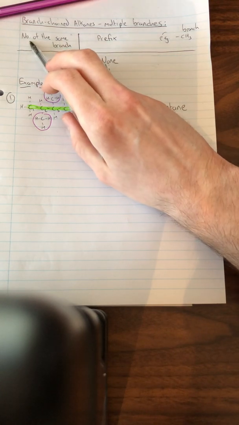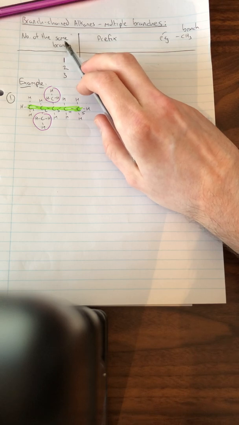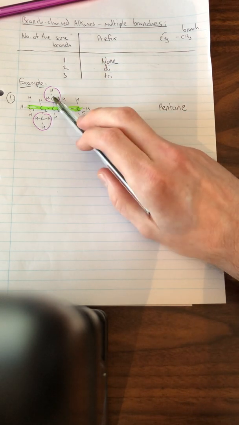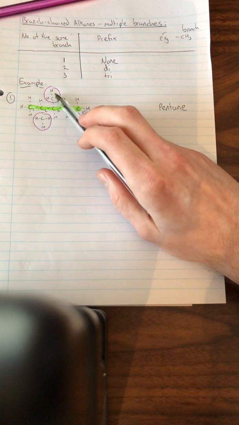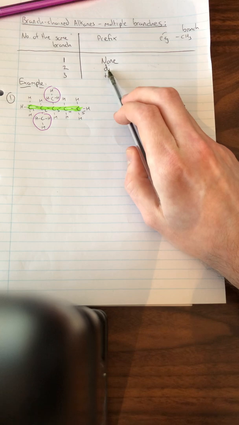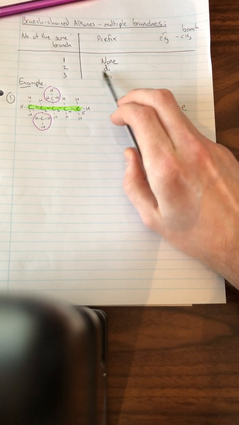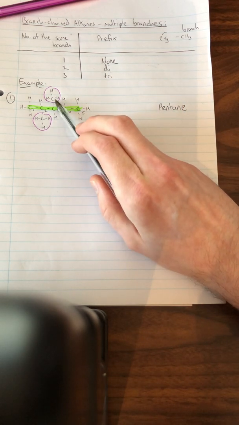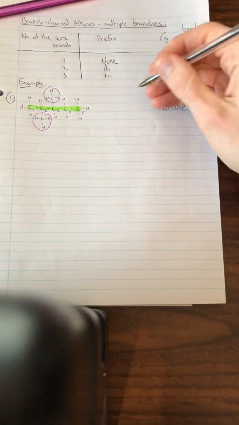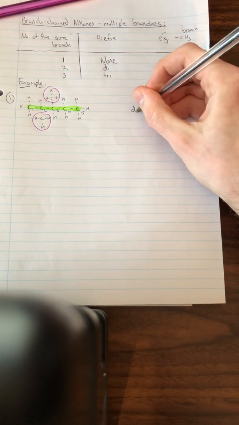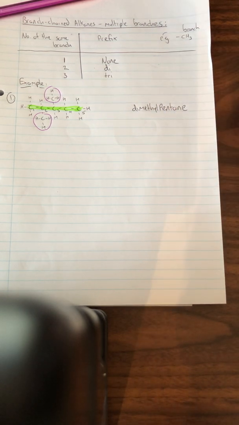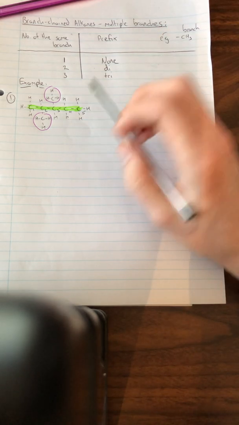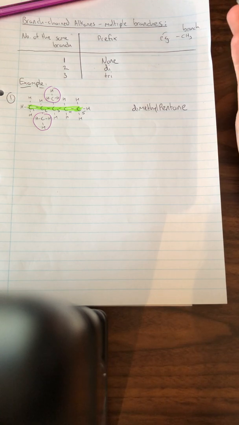So what number of the same branch do we have? We've got 2, because they're the same branch. Now, because we've got 2 of the same branch, the prefix is di. Now that branch is methyl, that branch is methyl, so we call this dimethyl. And then what we need to do is number where those branches are.